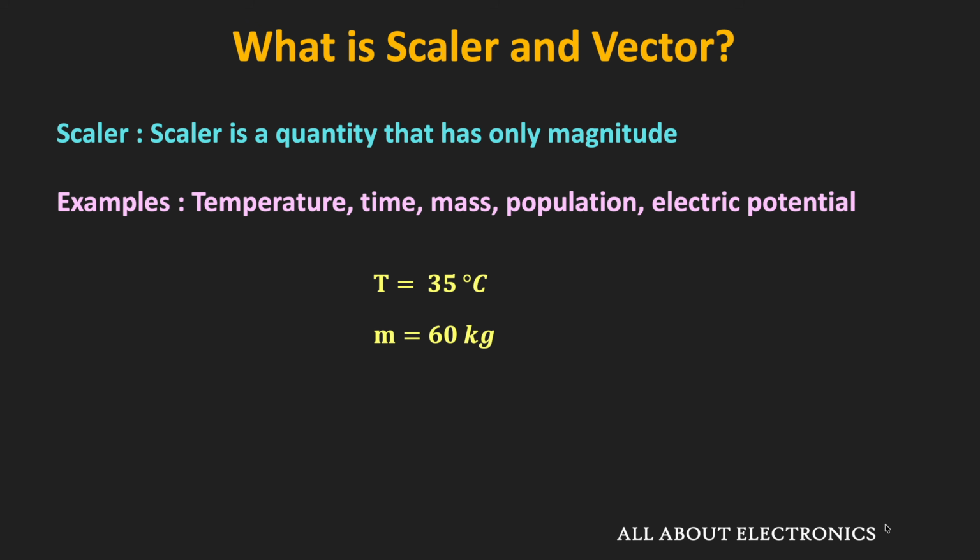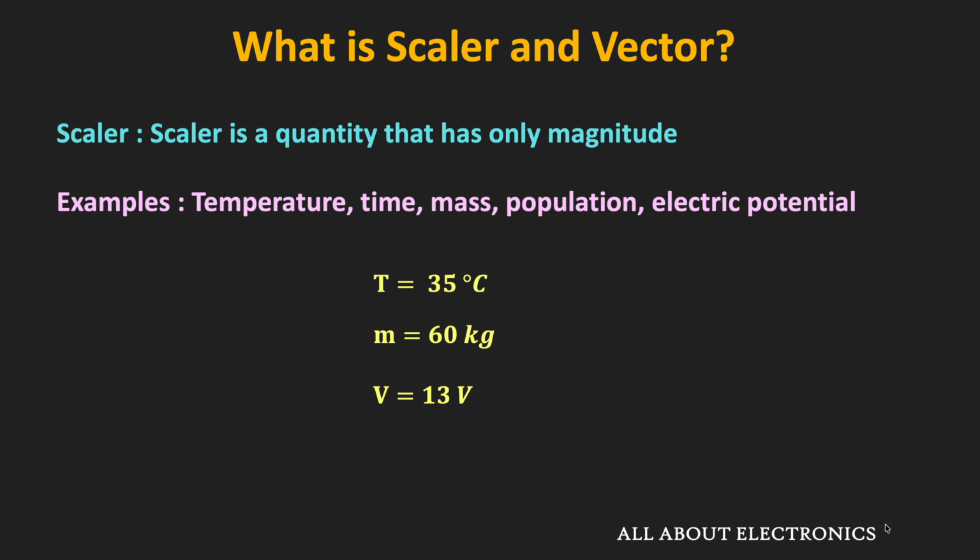Or if we want to represent the mass of some object, then we can say that it is equal to 60 kg. And likewise, if we want to represent the electric potential or the voltage between two nodes in a circuit, then we can say that the voltage is equal to 13 volts. That means scalar quantities can be represented just using their magnitude.